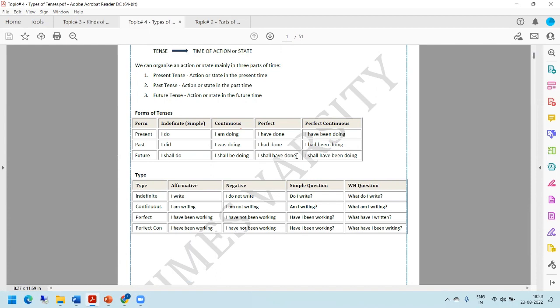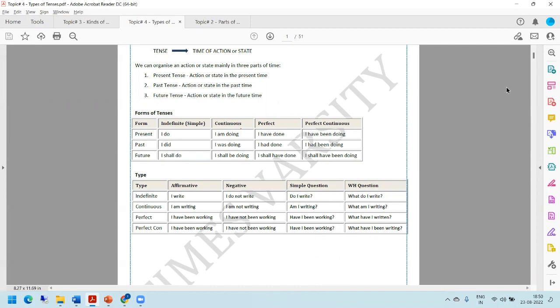Let's say now I'm going to make one sentence. I shall have reached Dubai by 12th of September. Are you getting my point? Yes, sir. Right. So to express that it will be completed in the future, or it will be done in the future.